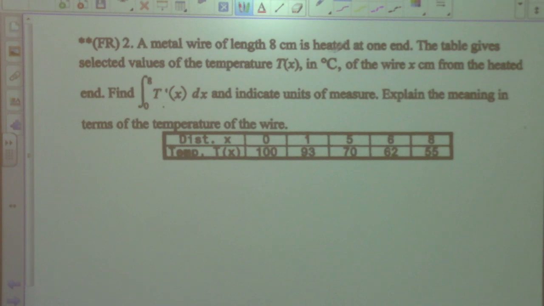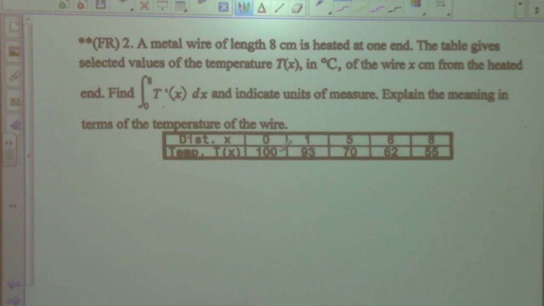A metal wire of length 8 centimeters is heated at one end. The table gives selected values in degrees centigrade. Find the integral from 0 to 8 of T prime of x dx, and indicate units of measure. So what is that going to be? Here's the temperature, and here's the distance.